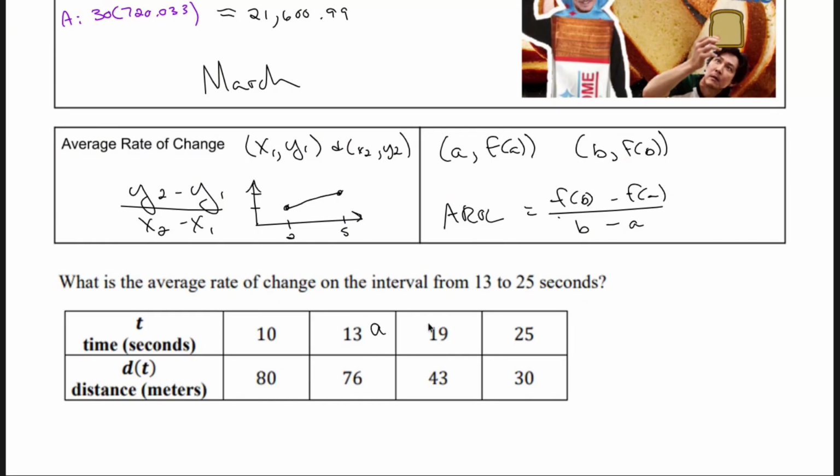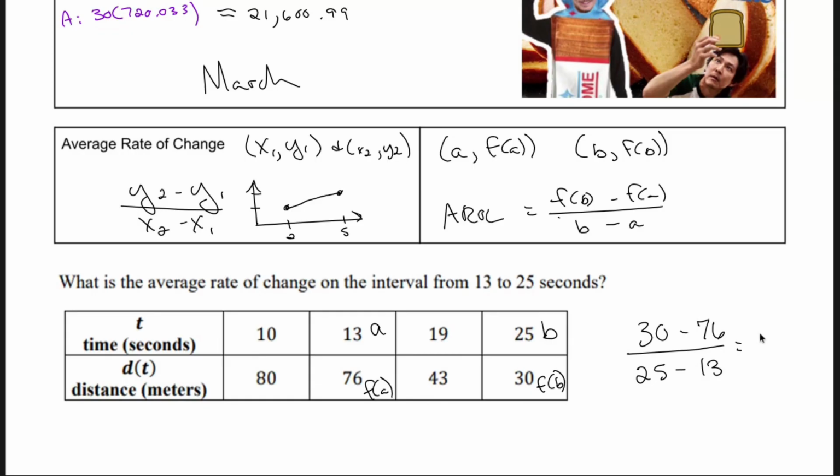So I will label you A, and I will label you B. My distance measured, my D of T, is basically the same as my F of A and my F of B. So to complete this problem, we would say f of B, which is 30, minus f of A, which is 76, over B, which is 25, minus 13, because that's our A.